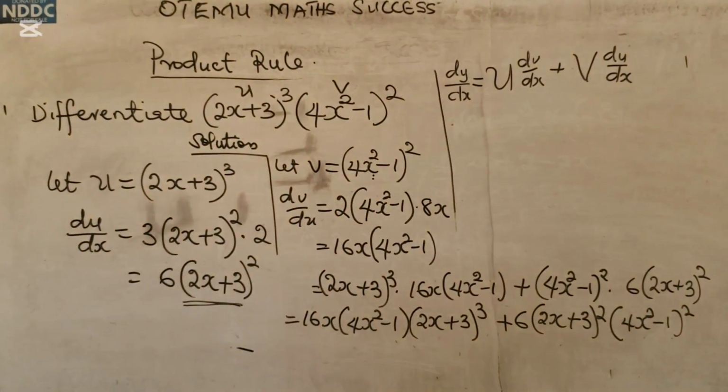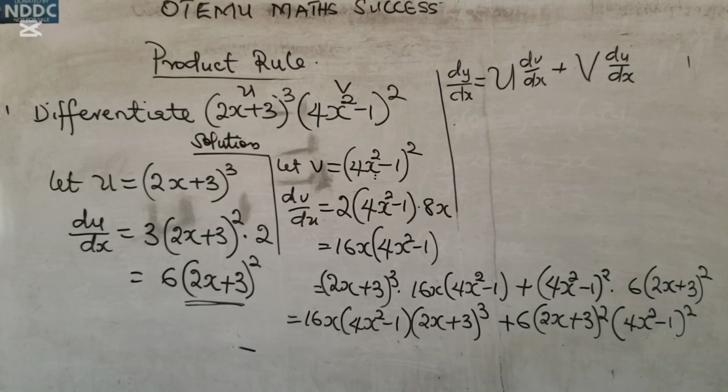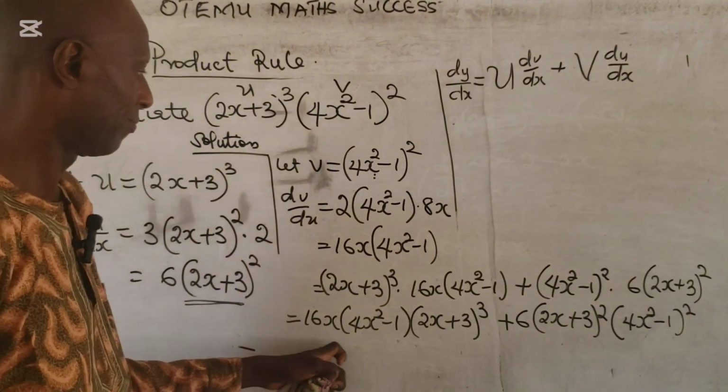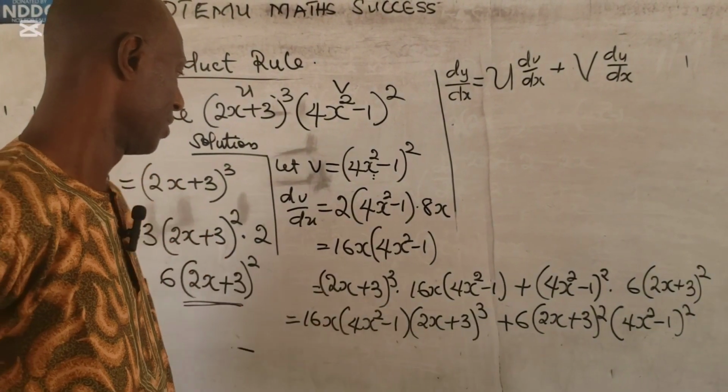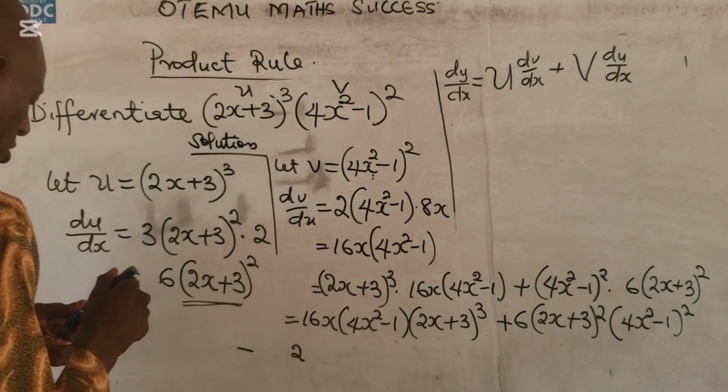So what we do is to factor out what is common in that expression. So when I look at this, here is 16x, here is 6. So what is common there first is 2. I'll take 2 out.